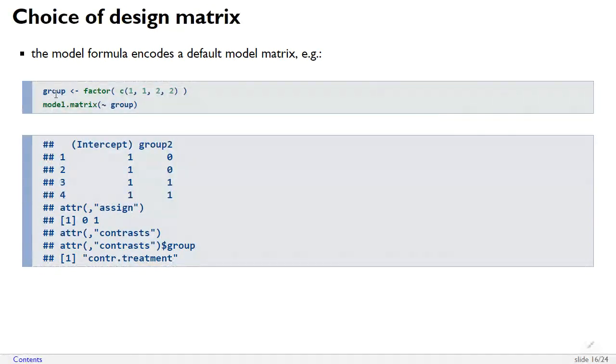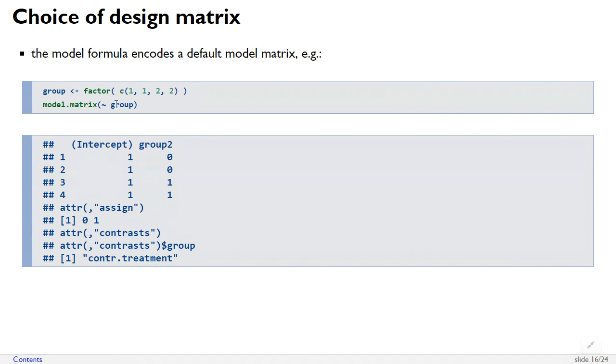Here's a simple example. I'm creating 2 groups. It's a factor with a vector 1, 1, 2, 2. And I'm using this function model.matrix to form a model matrix from that data using a model where a response variable is described by group.